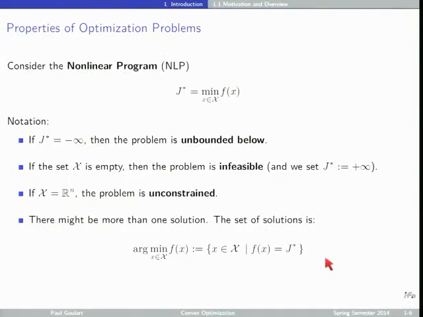Now I may really regret trying to do this, but I'm going to try to draw a picture for you of a case where you get multiple optimizers and then a case where you get an infinite number of optimizers.